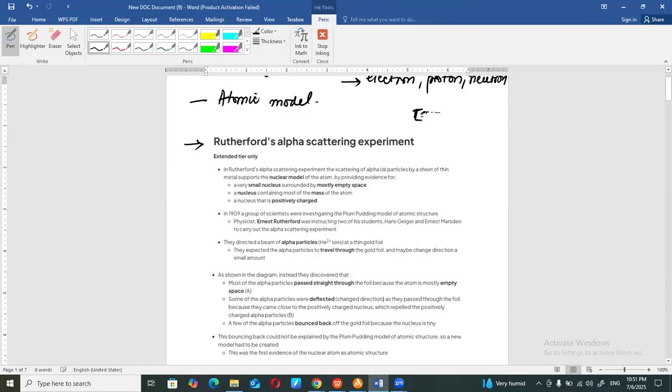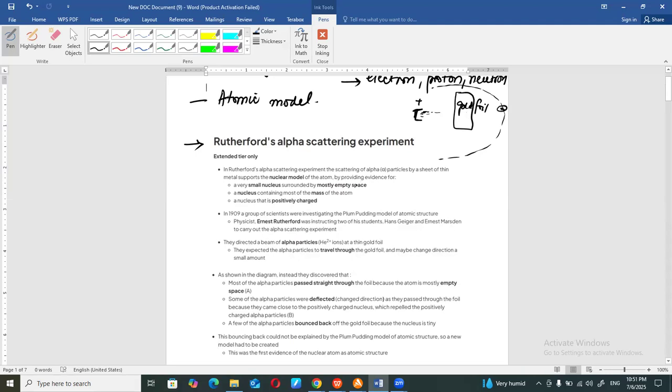These alpha particles, which are positively charged, are bombarded on a gold foil. The gold foil is surrounded by a screen, so whatever the result is will be shown there as a bright spot.